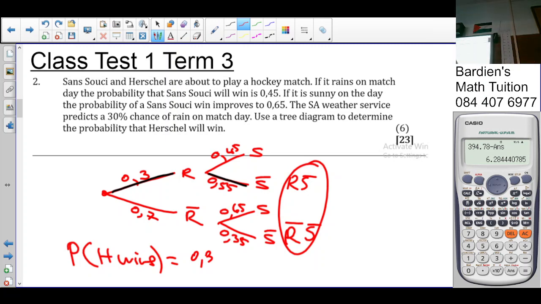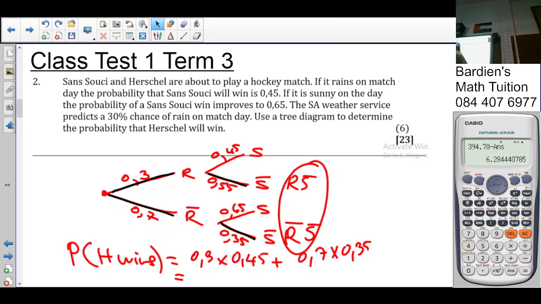So it's 0.3 times 0.45 plus, of course, this branch here, if it does not rain and Son Susie loses, 0.7 times 0.35. That's 0.3 times 0.45 plus 0.7 times 0.35. That's 19 over 50, which is 0.38.